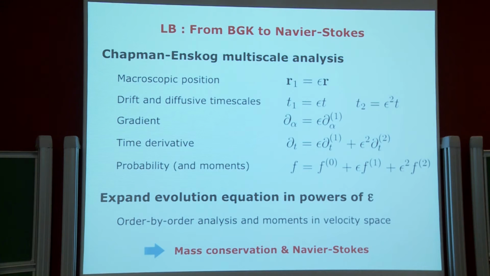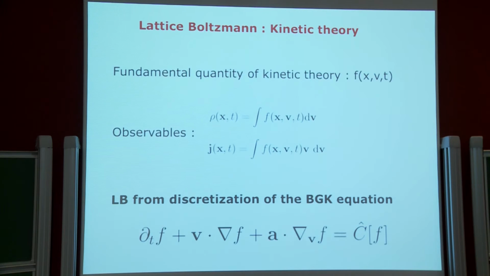how the macroscopic equations emerge from the mesoscopic description with a single particle distribution function. Because in practice what we want to do is evolve the kinetic equation numerically and then compute the hydrodynamic observables based on our evolution of f.